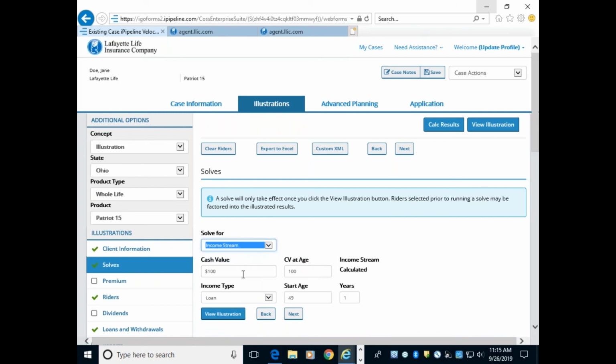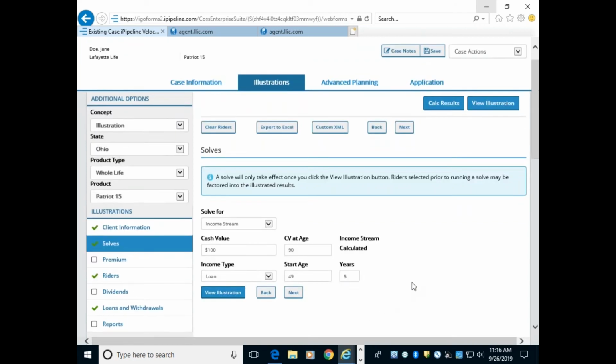Let's solve for income stream, and let's make this $100 left at age 90. We want to see our first payout at age 50, so I'm going to leave this at age 49, and then I want to see what a 5-year loan would look like.